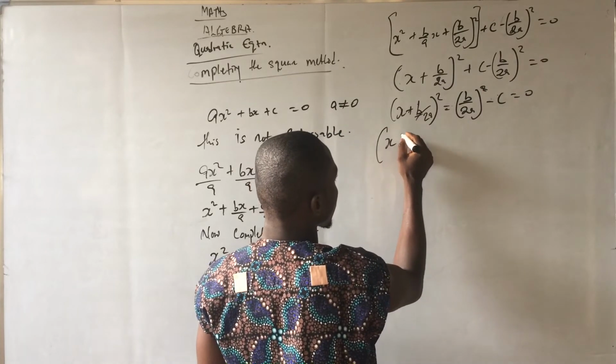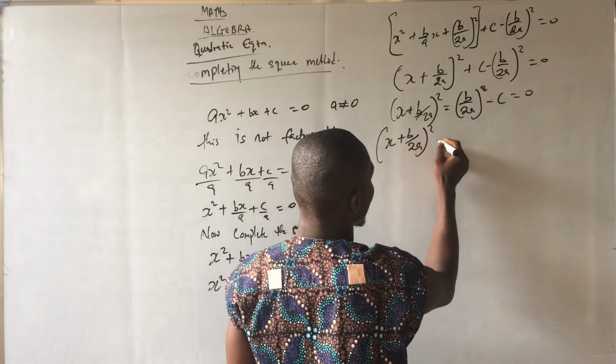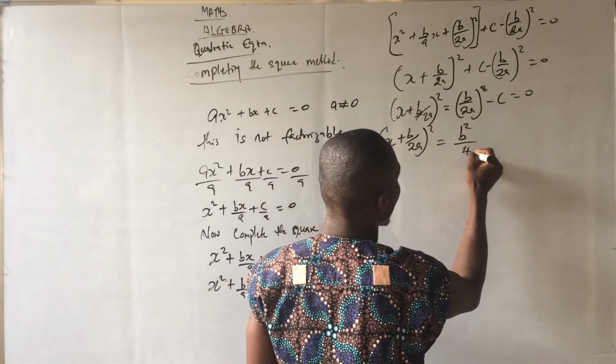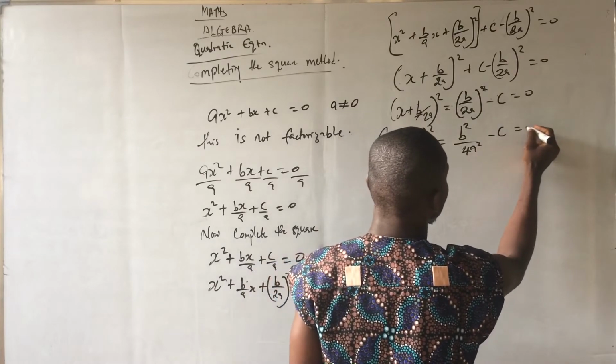And I'll say that x plus b over 2a raised to the power 2 is equal to b squared over 4a squared minus c.